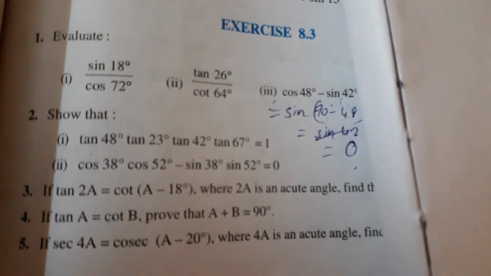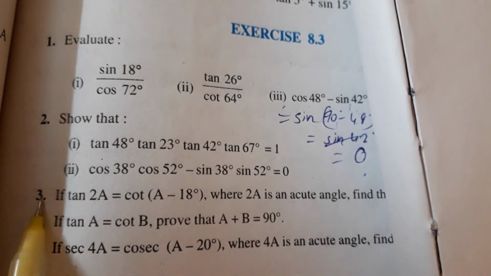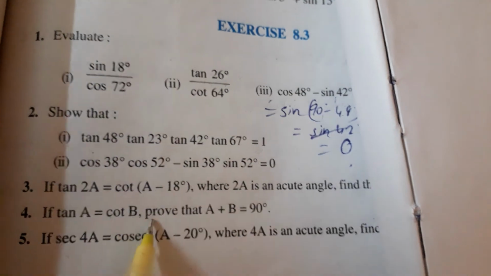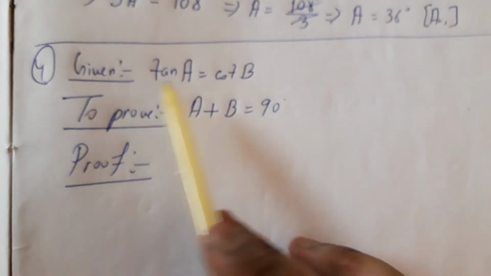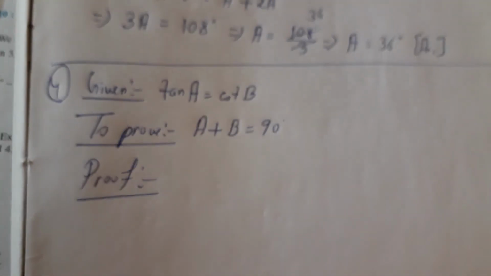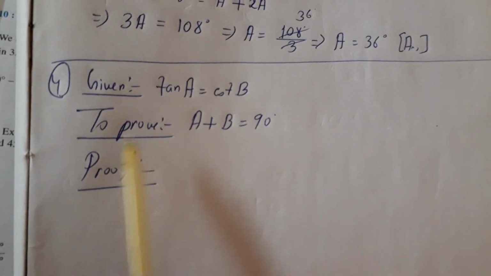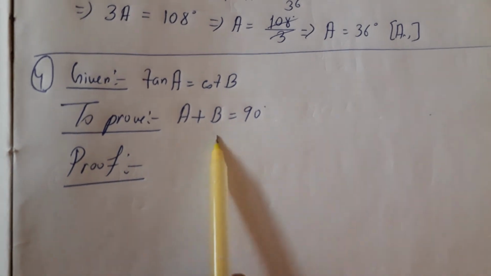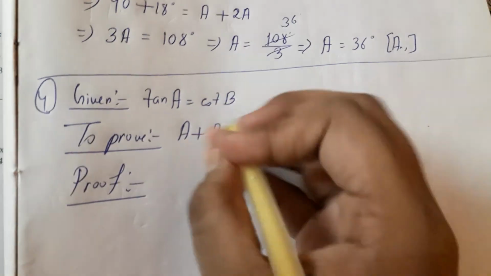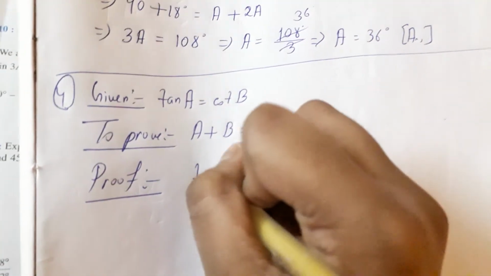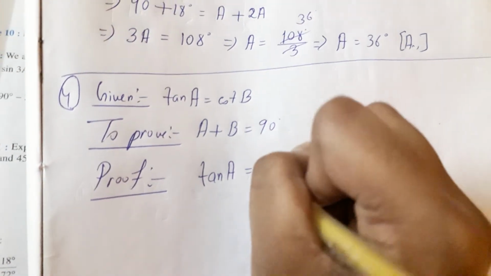See, if tan A is equals to cot B, prove that A plus B is equals to 90 degree. Now see, this is your given part that tan A is equals to cot B. Now see, you have to prove A plus B is equals to 90 degree. So first you have to write proof, and you have to start from your given part.